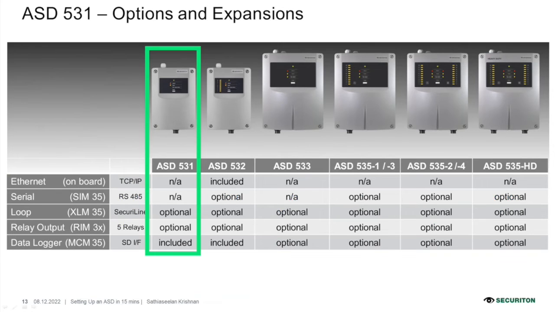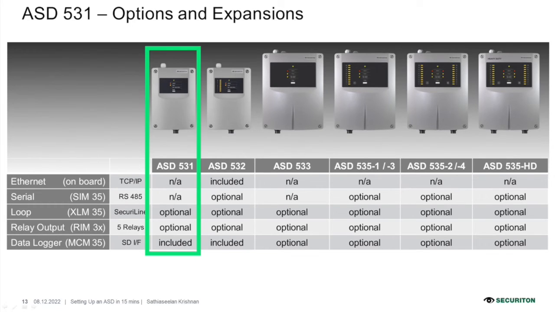Okay, with that note, let me go into the other details, which will be about the external expansion modules that are available to work with the ASD 531. As you know, it's a simple standalone system that can't be networked and is easy to commission.